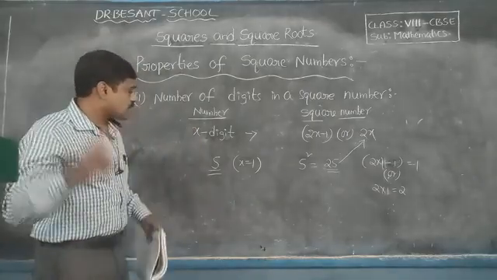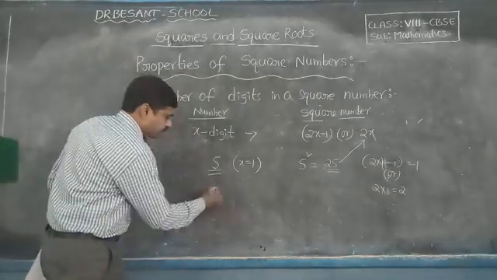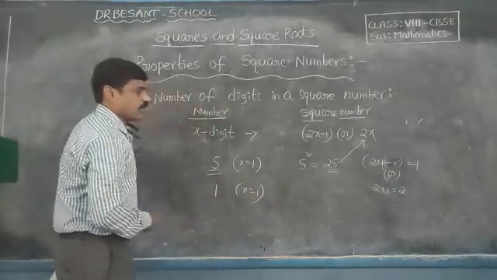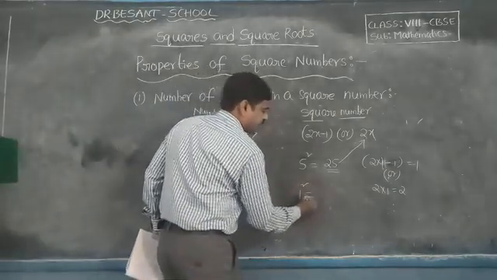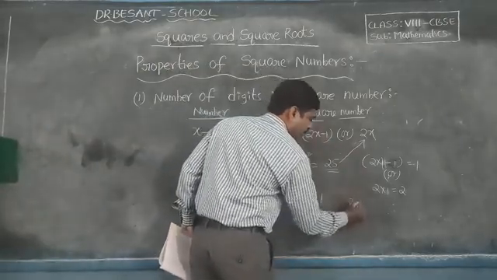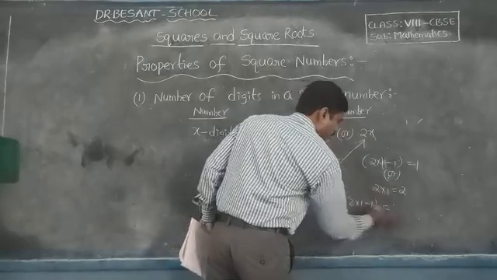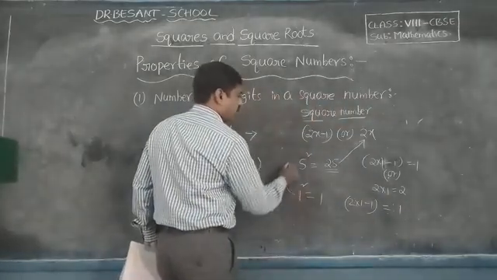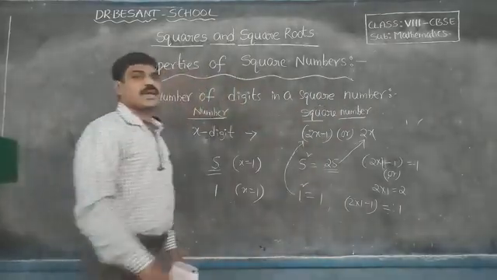Next, suppose take 1. So the number of digits x is equal to 1. So 1 square is 1. That means 2x minus 1, 2 into 1 minus 1, 2 ones are 2, 2 minus 1 is equal to 1. So now it follows the 2x minus 1.